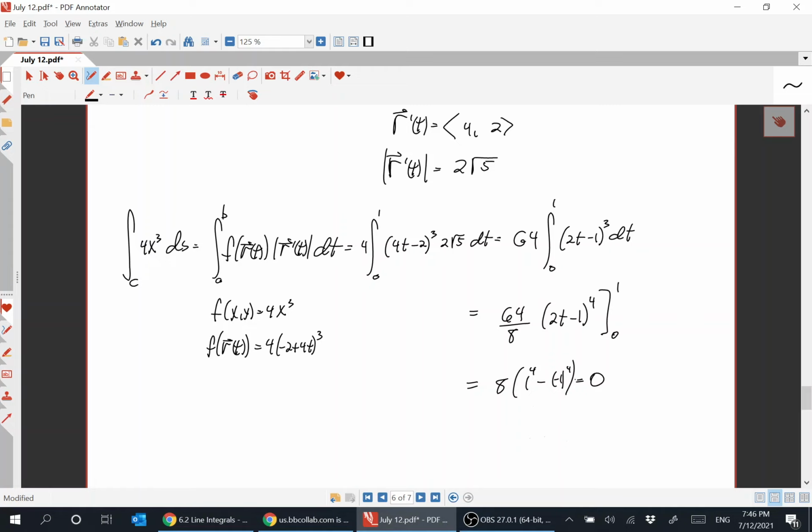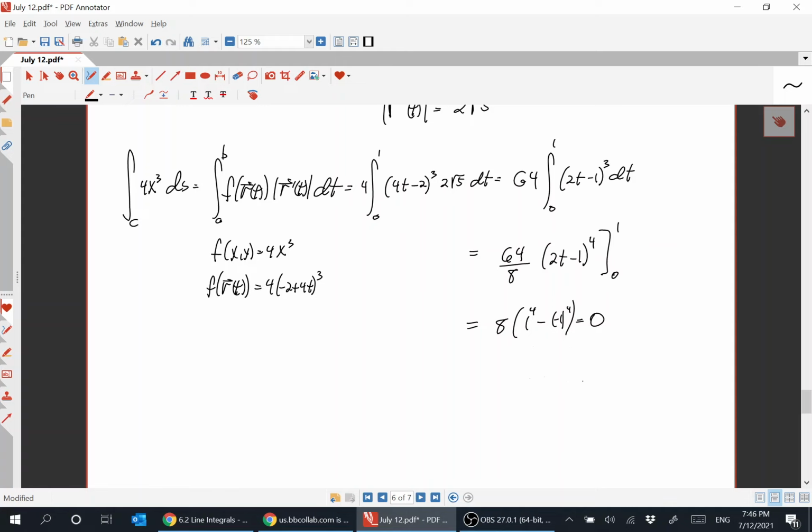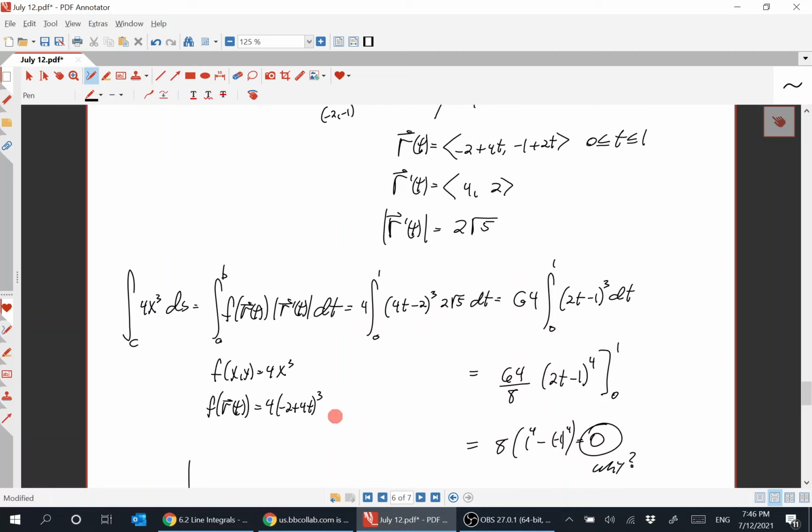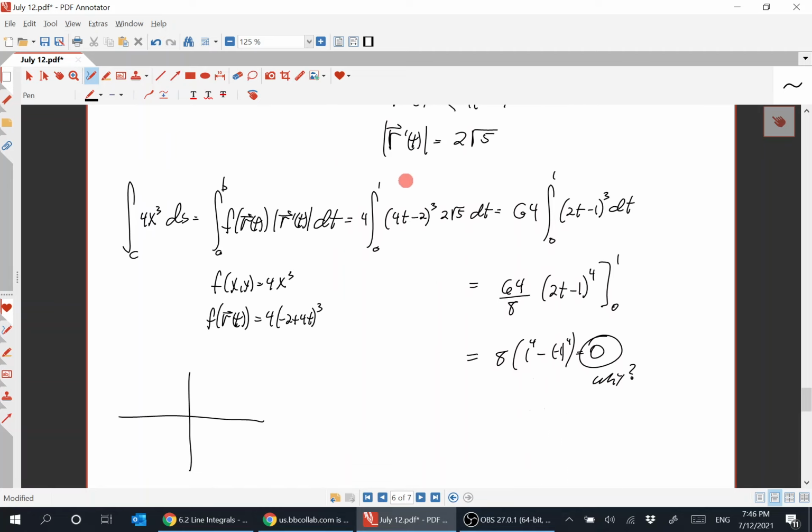Why did it turn out to be 0? So if you take the point, let's draw that line segment, -2, -1.